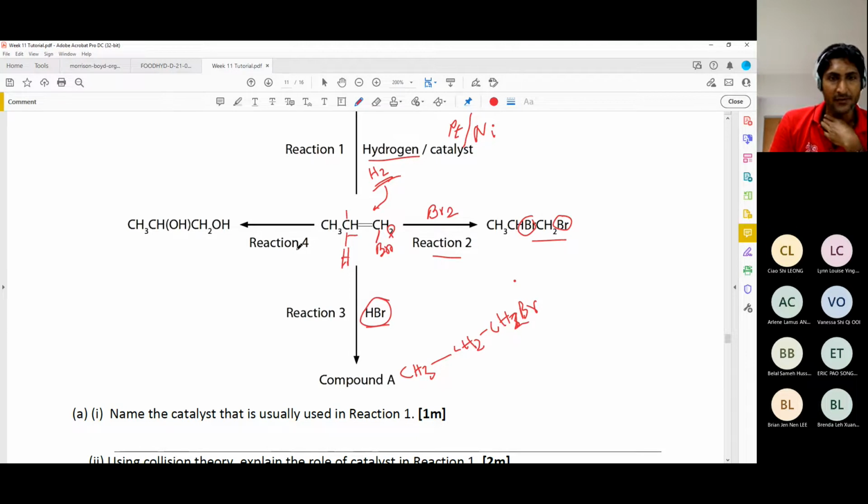What about reaction 4, where 2 hydroxyl groups are going in on either side of this double bond? So far we have seen that if I add sodium hydroxide or if I add water, then 1 hydroxyl is going in. But for this case, I see that 2 hydroxyl groups are going in here. So what actually should have been done?